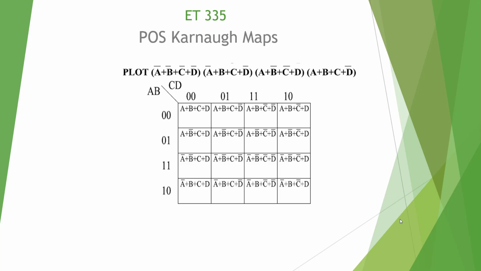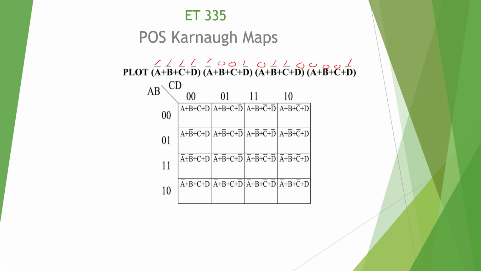Here we have a 4x4 POS Karnaugh map, and we're going to plot it. And again, we're going to evaluate it out as a 0. So we're going to have a 1 here, 1, 1, 1, 1, 1, 0, 0, 1, 0, 1, 1, 0, 0, 0, 0, 1.